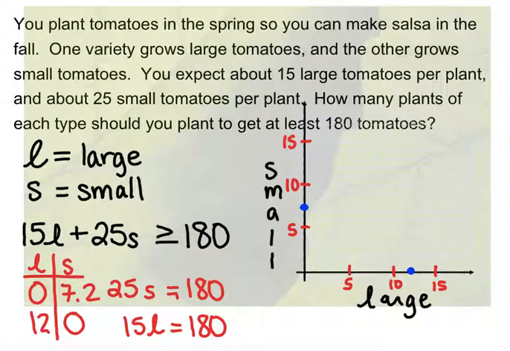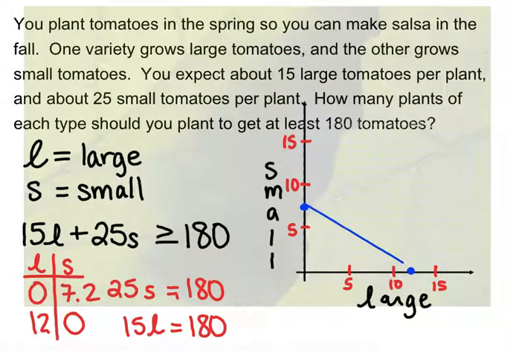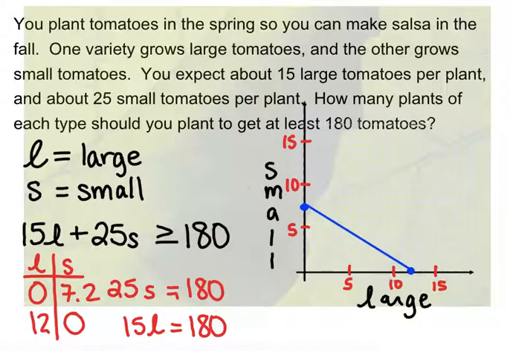Now, once again, it is solid because it says equal to, so I'm going to draw my equal to. I'm going to pick my point. I'm going to pick 0, 0 again. Okay, I'm going to test 0, 0. Is 15 times 0 plus 25 times 0 greater than 180?